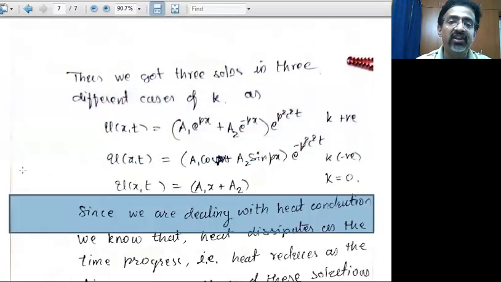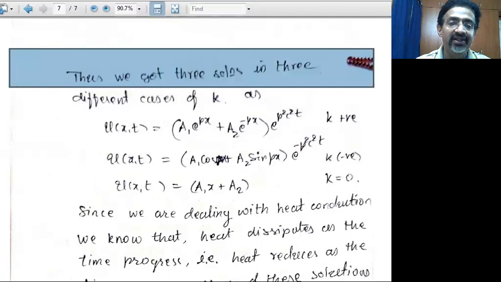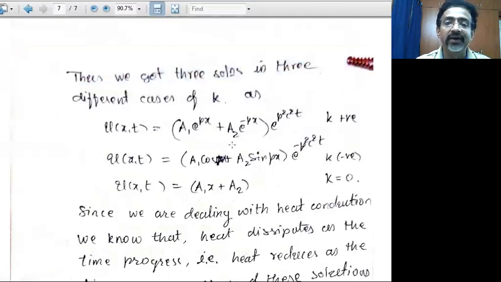My requirement is that as x increases, u should be a decreasing function. Similarly, consider e power p squared c squared t. p squared c squared are positive quantities. Now, e raised to anything positive, as t increases, e raised to p squared c squared t also increases.